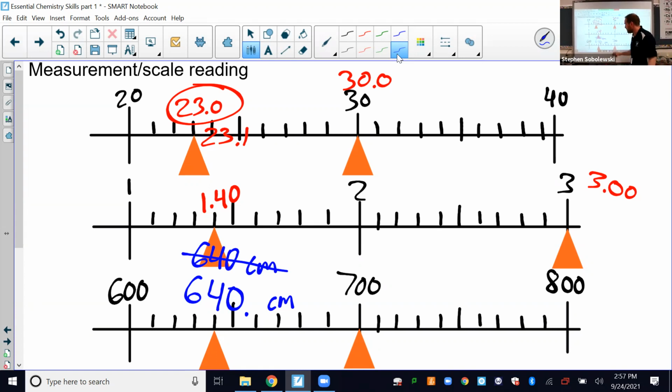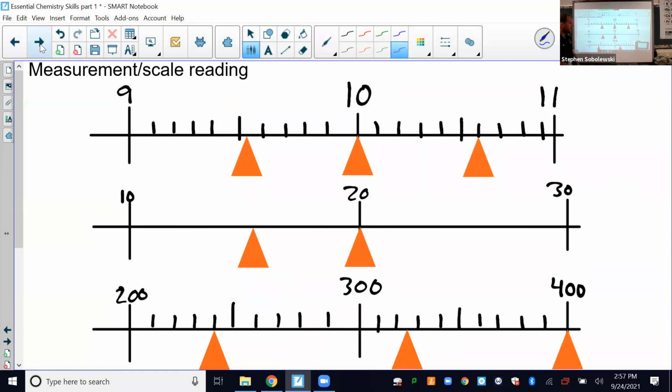So 640 point centimeters. If you judge this to be right on the 700 line, you're going to call it 700 point centimeters. Although that one, now that I look at it, kind of looks like it's a little bit to the left. I might call that 699. And that would be an acceptable answer as well.